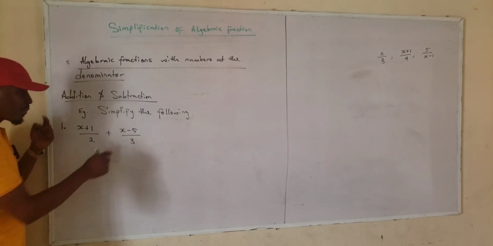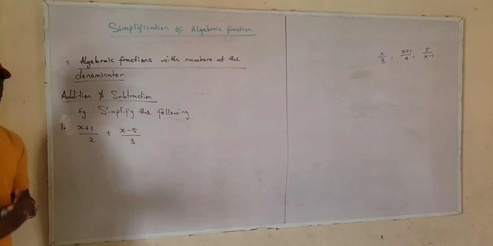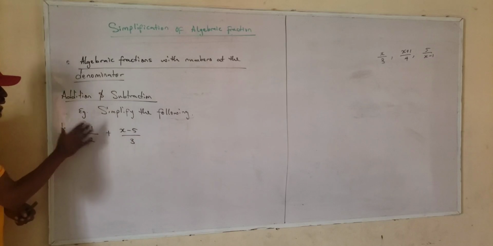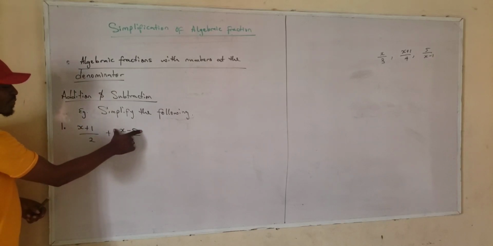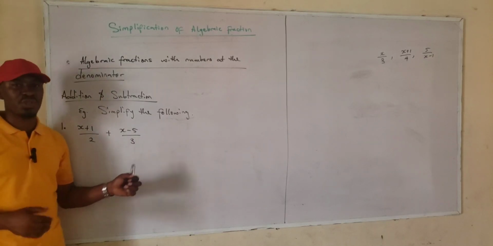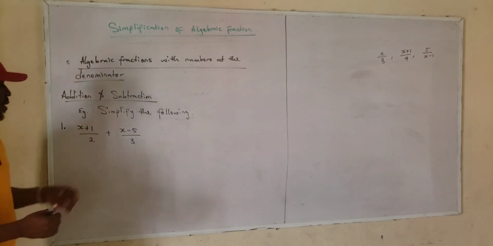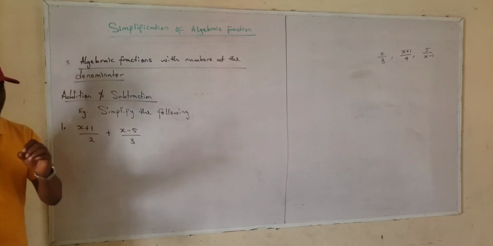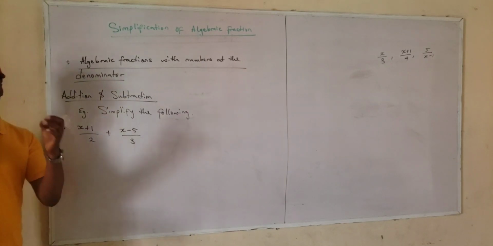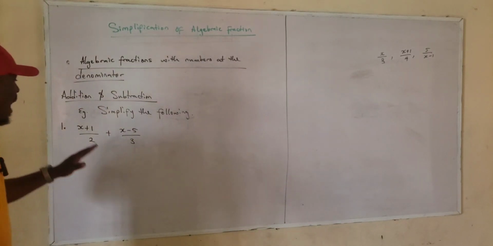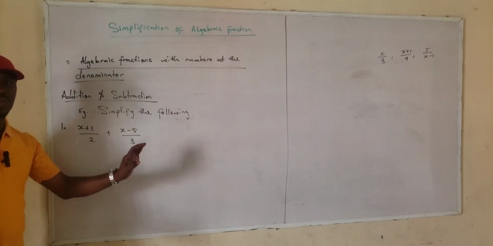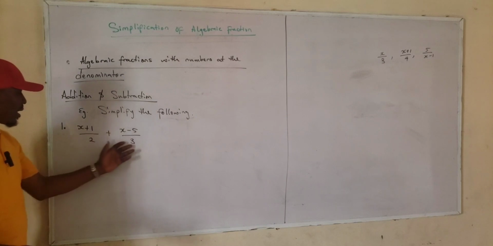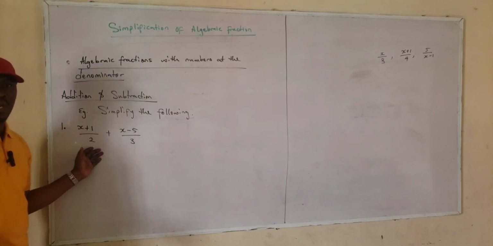If you don't put it in brackets, the tendency of making mistakes will be very high. So put the expressions in brackets, and any number that is not a fraction, make it a fraction. Of course, we are lucky here, they are both fractions.